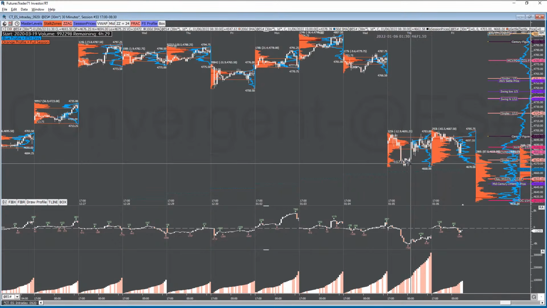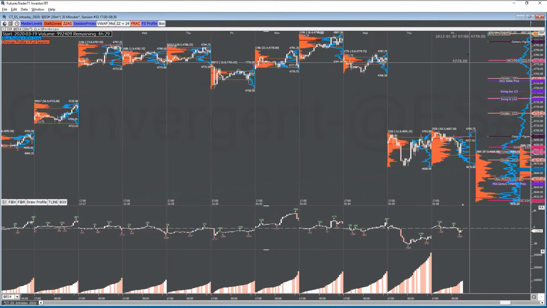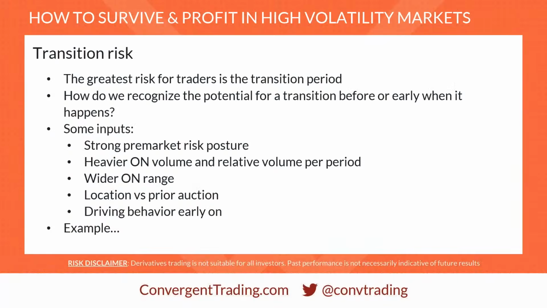So we come in here and we know immediately we have a gap, and we also immediately know that there's going to be a lot of volatility coming into the session. This is not geek science or anything, this is common sense. So that's another piece to the puzzle, location versus prior auction, and driving behavior early on.